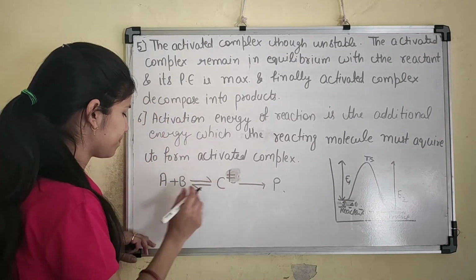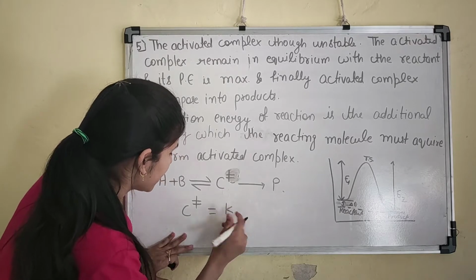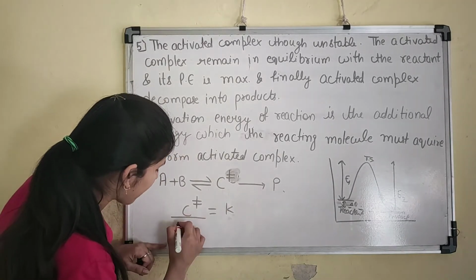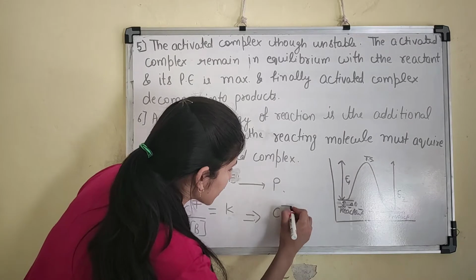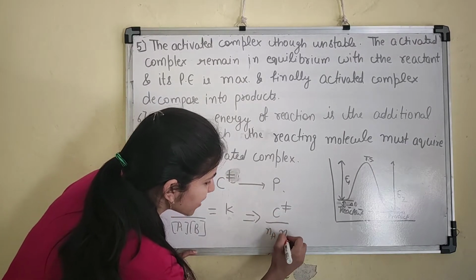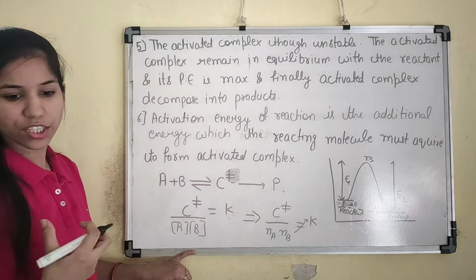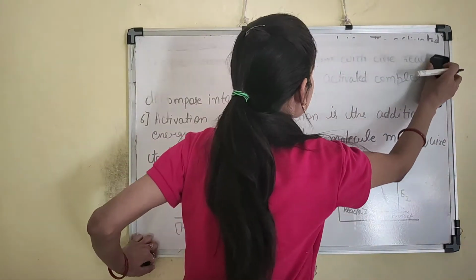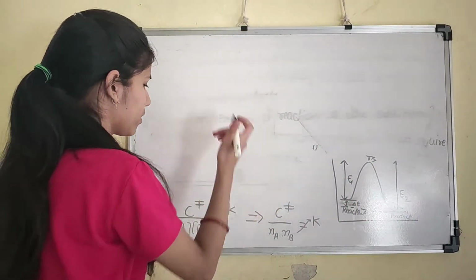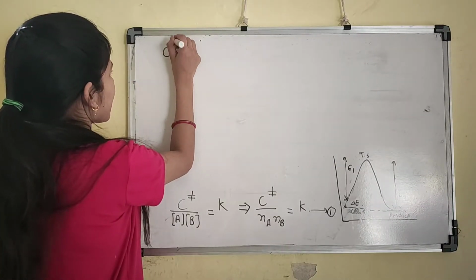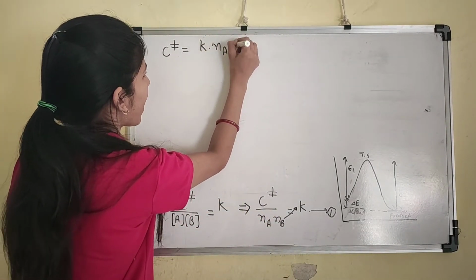Rate is equal to K times the concentrations of A and B. It can also be written as C divided by Na into Nb is equal to K. Now these terms move across, so the equation becomes C star is equal to K into Na into Nb.